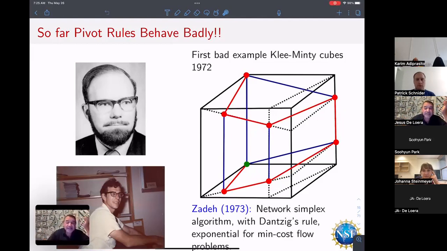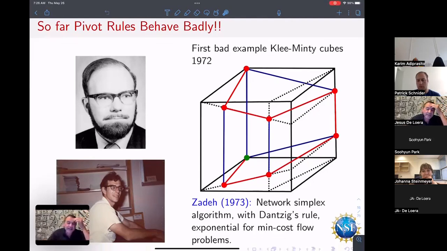So that's bad, right? I don't know if any of you has ever taken a class on linear programming, but in such a class they show you this example, and they also show you that the coordinates of this cube are bad. Oh no, they're so horrible coordinates. But the reality is that's not the reason this is a bad example, because in 1973, Zadeh published a network simplex example.